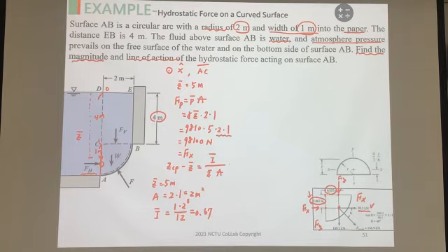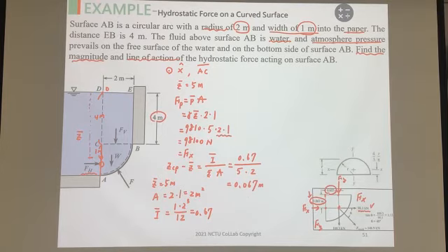We put this number into the formula: 0.67 divided by Z bar, which is 5 meters, and the area, which is 2. So the difference between the CP and the Z bar centroid point is 0.067 meters.